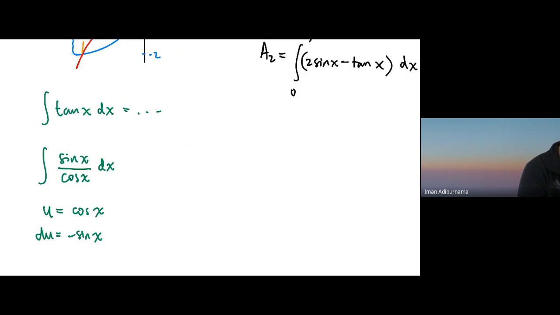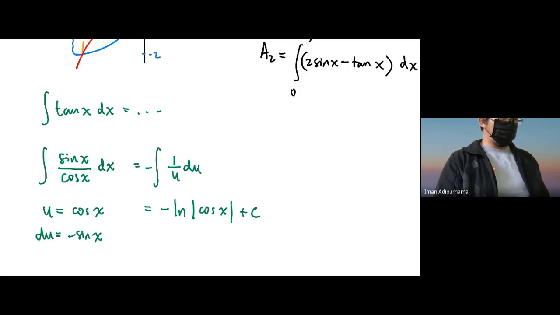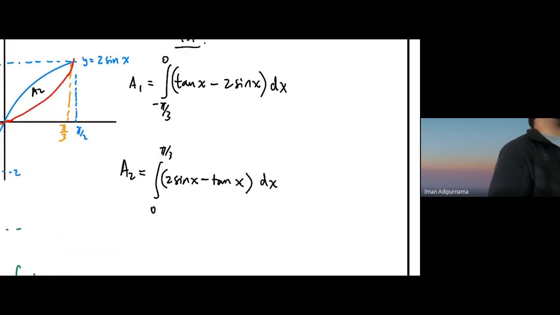And this will turn out to be integrations of negative 1 over u du. So we will have negative ln u, or in our case is the ln cos x. So we can use this integral of tangent, the negative ln cosine x, as our result on the area.